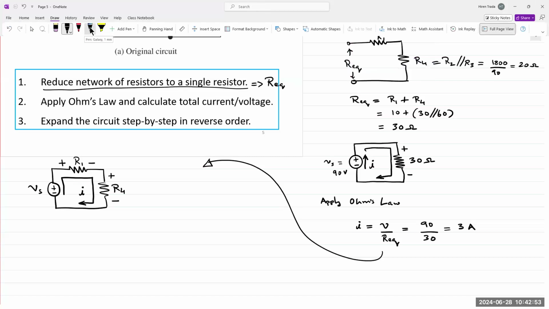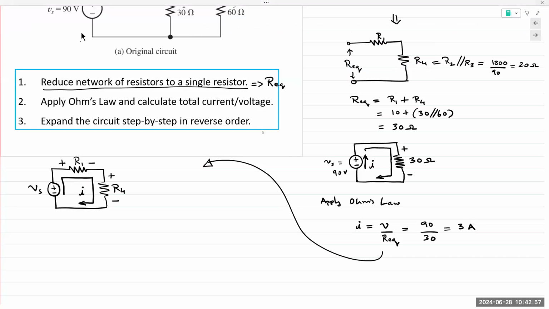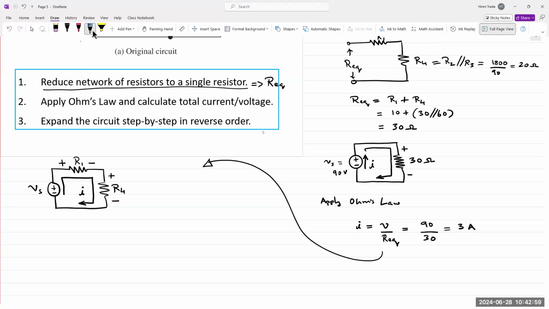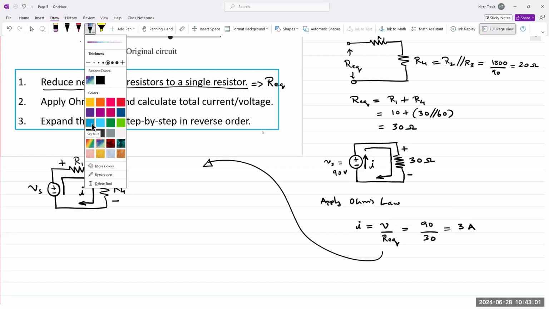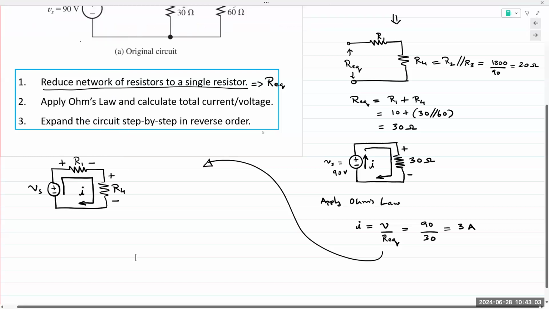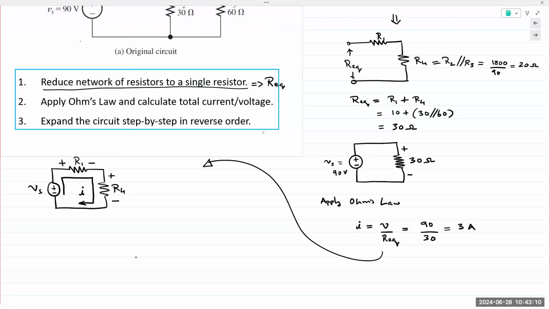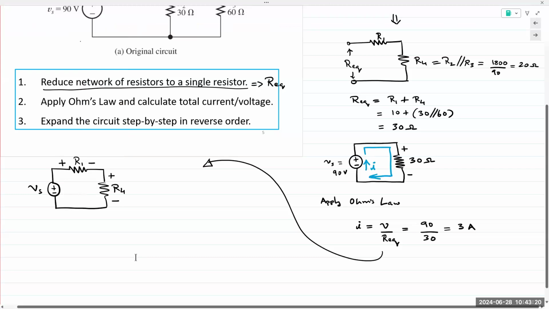I'm going to change out the color. Any questions?